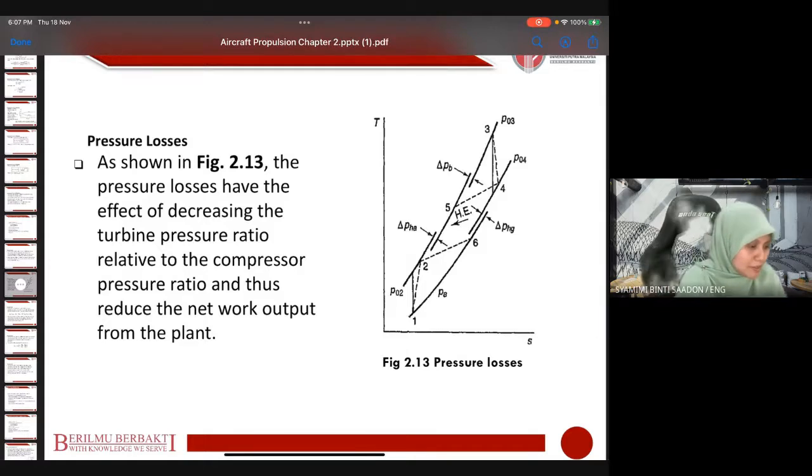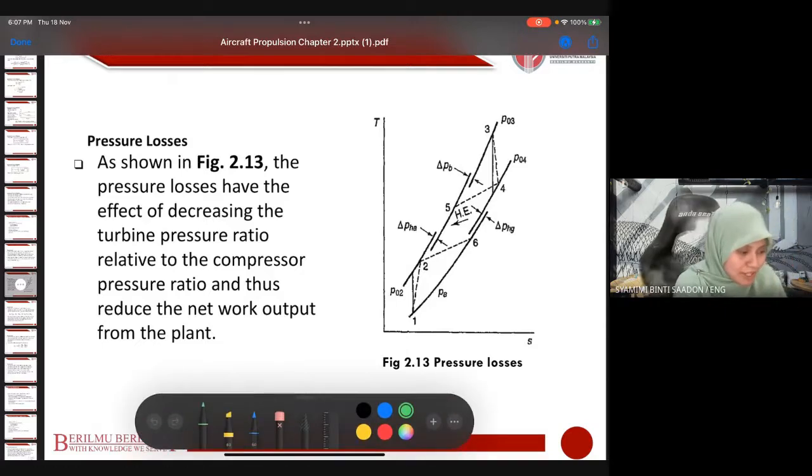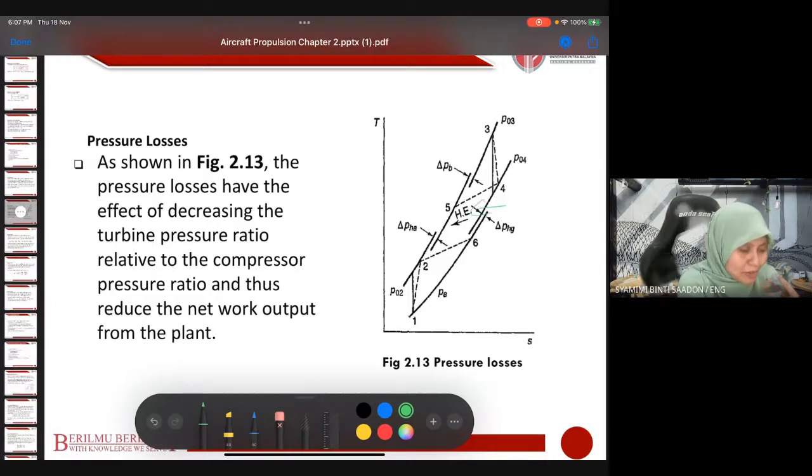If you look at the thermodynamic cycle here of a gas turbine cycle, if you remember from the previous class, this cycle is with what we call a regenerator or recuperator.